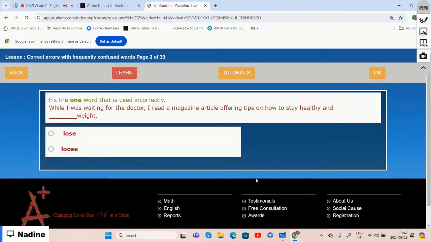You need to choose the correct one. Is it the first one for lose weight, or is it the second one?